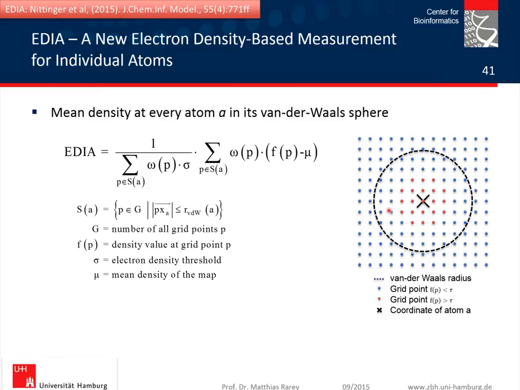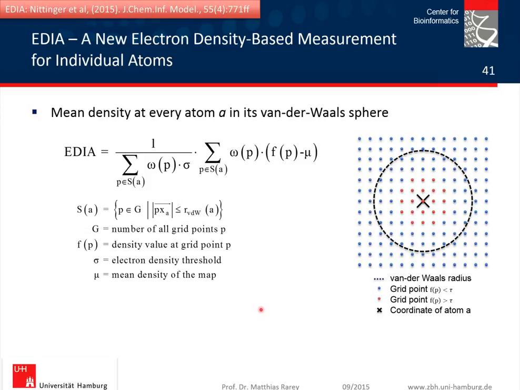We work with the electron density map, which is resolved on the grid structure you can see here, and we make the calculation with the function we called EDIA. Due to lack of time, I will not go into the formula, but this was published earlier this year. You can easily look at the details in this publication.